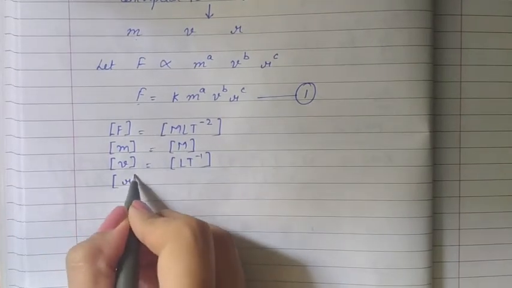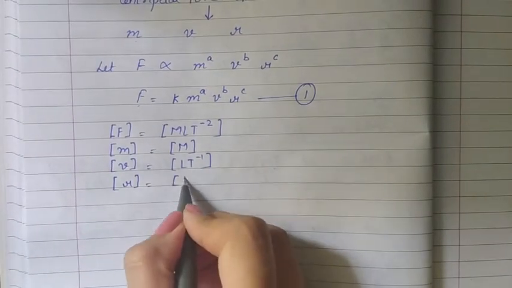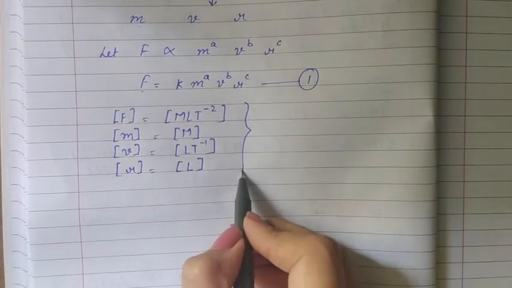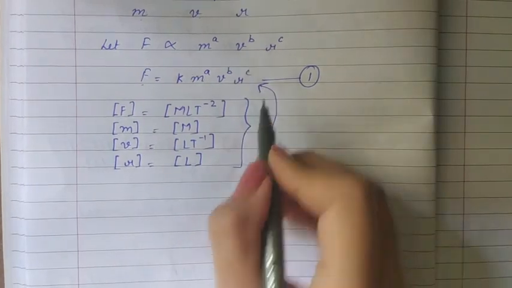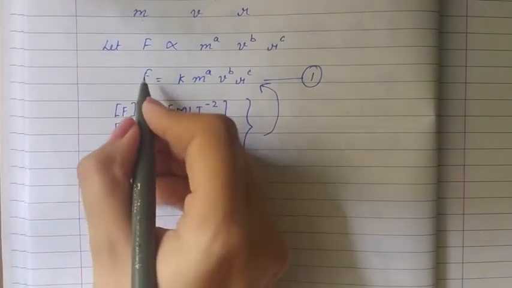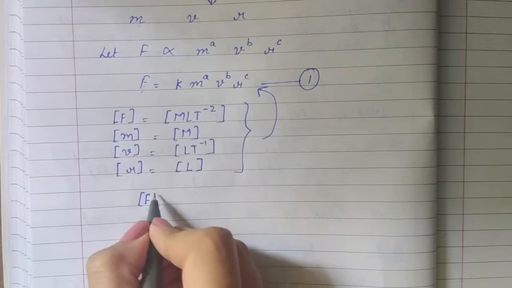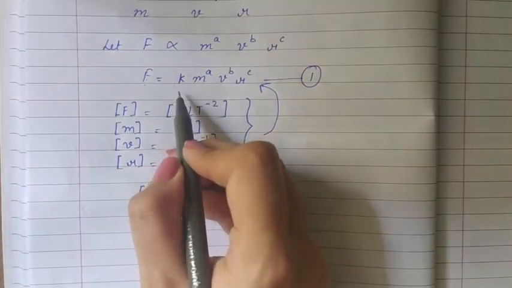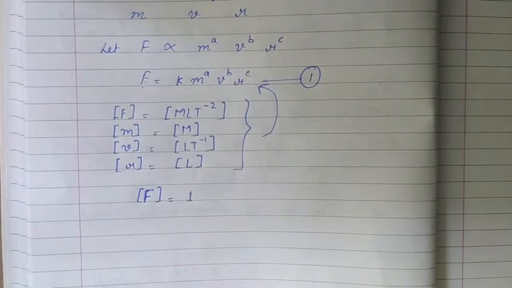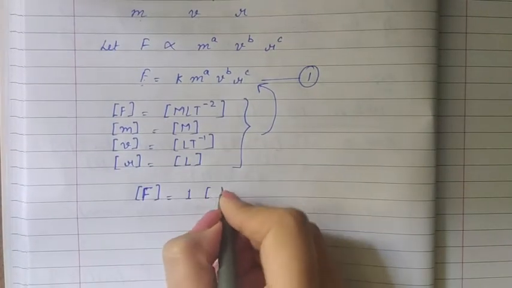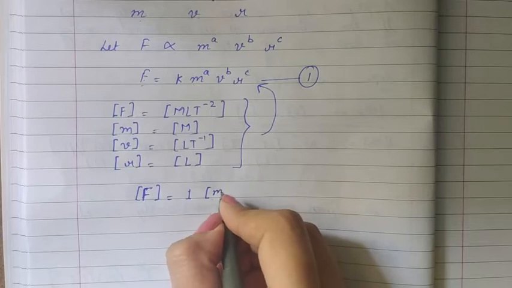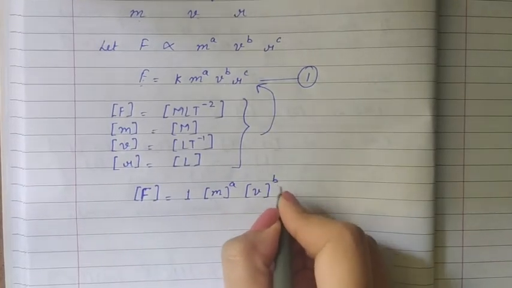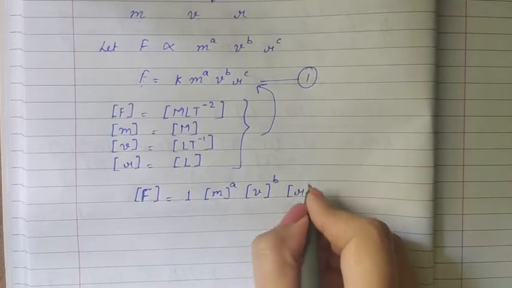Dimensions of radius, this is length, so it will be L. Now using all these values in equation number 1, what we get, dimension of force is equal to, since this constant is dimensionless, so we have to put 1 here, dimension of mass to the power a, dimension of velocity to the power b, dimension of radius to the power c.